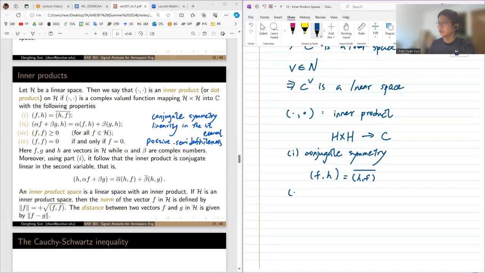All right. The second property is the linearity in the first element.